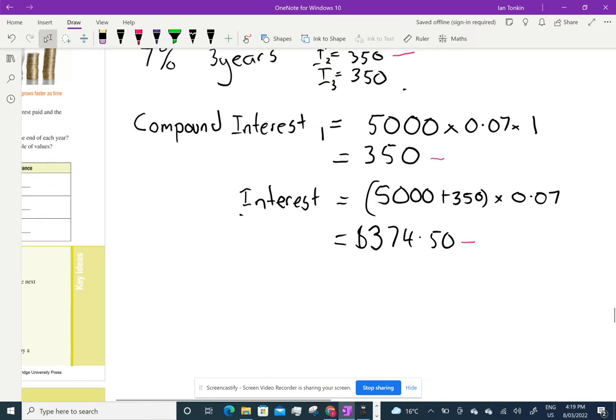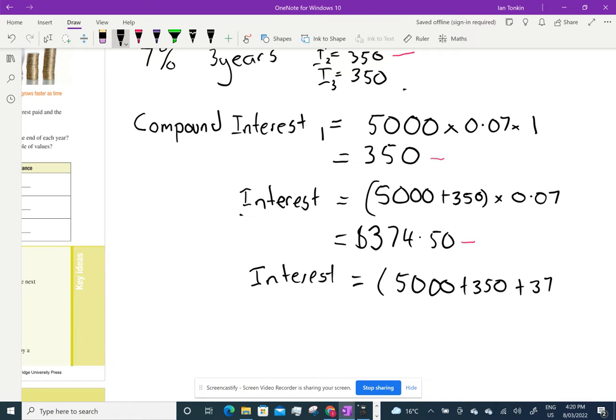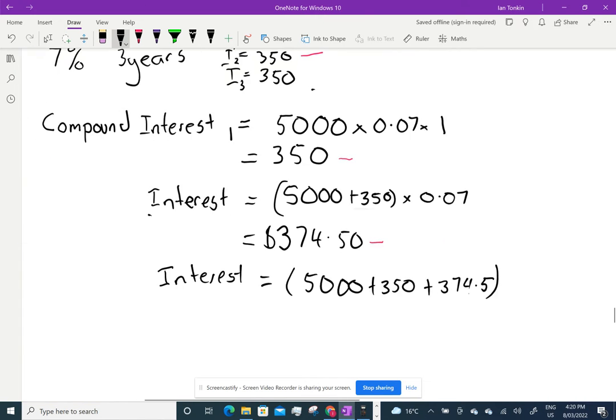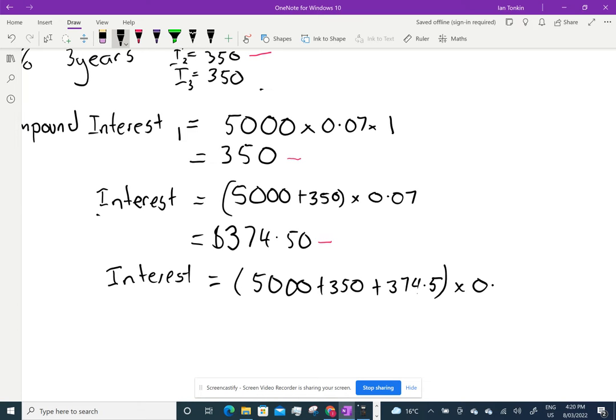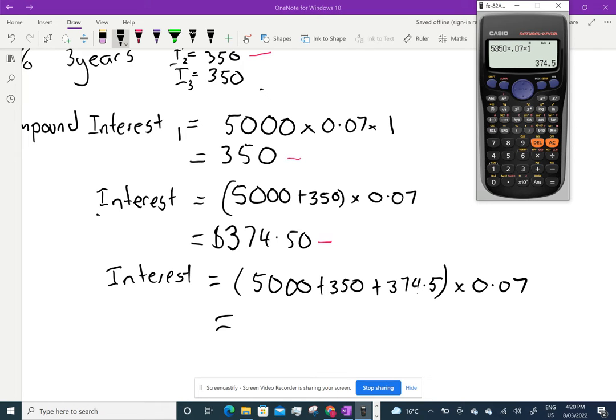What's going to happen in the third year? Well, in the third year, the compound interest will equal 5,000 plus 350 plus 374.50, and we'll times that by 0.07. And if I get my calculator up, so my answer plus 5,350, that equals that.